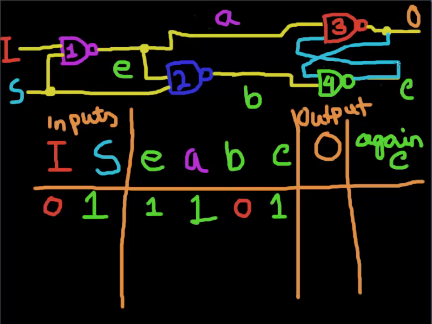And as C becomes 1, it travels through the zigzag wire and goes to logic gate 3, and as A was 1 and C is also giving 1, gate 3 will be off, and so O is also now off.